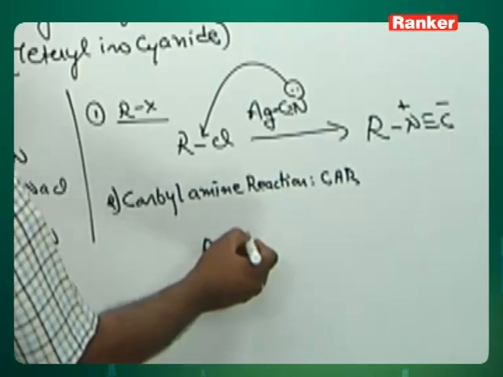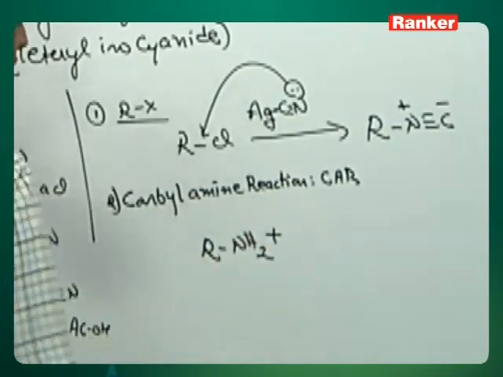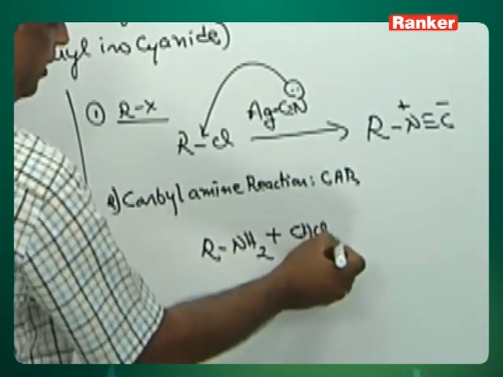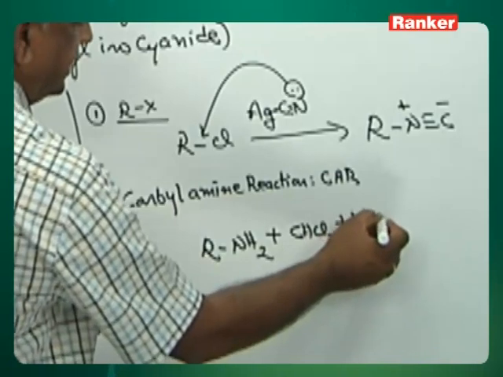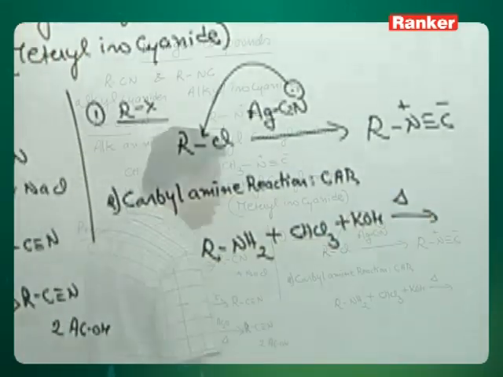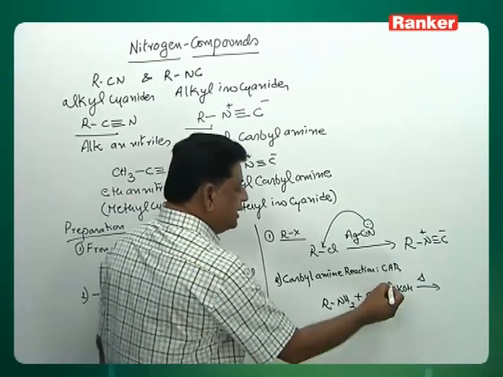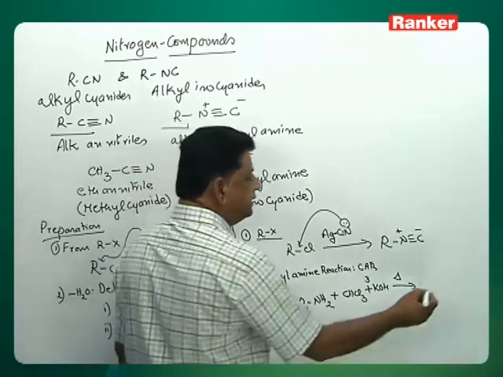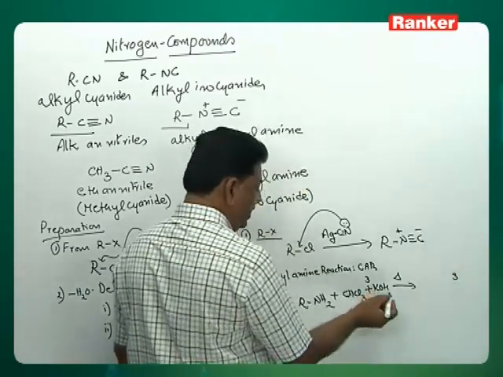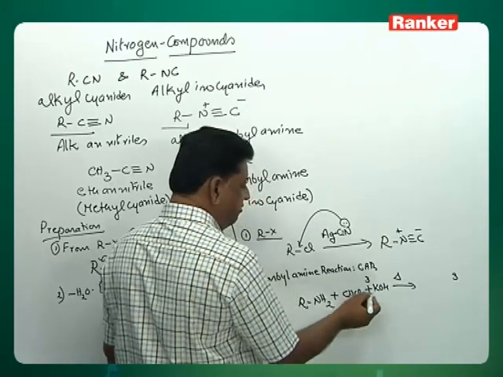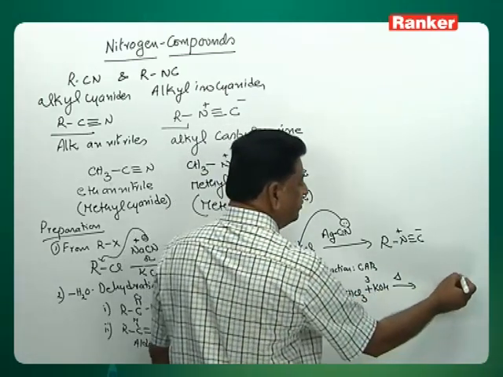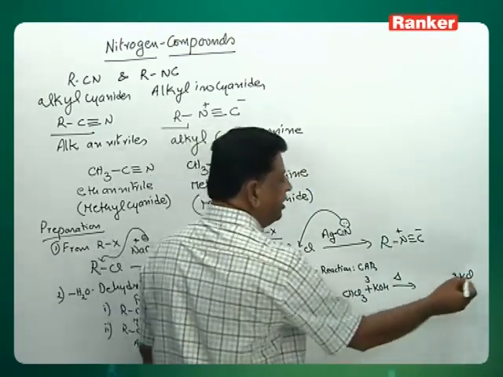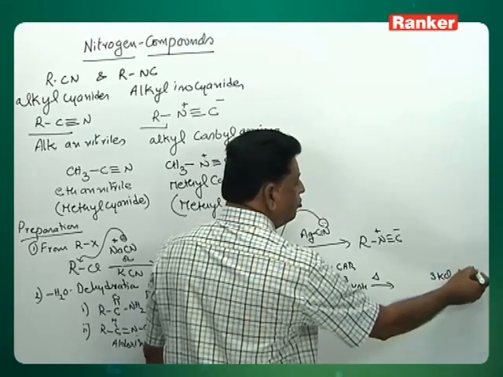Aliphatic or aromatic primary amines are treated with chloroform and KOH, heated. 3 moles of KOH are used: 3 OH and 3 Cl, with 3 K, form 3 KCl. 3 OHs and 2 hydrogens here, 1 hydrogen here, form 3 H2O molecules also.